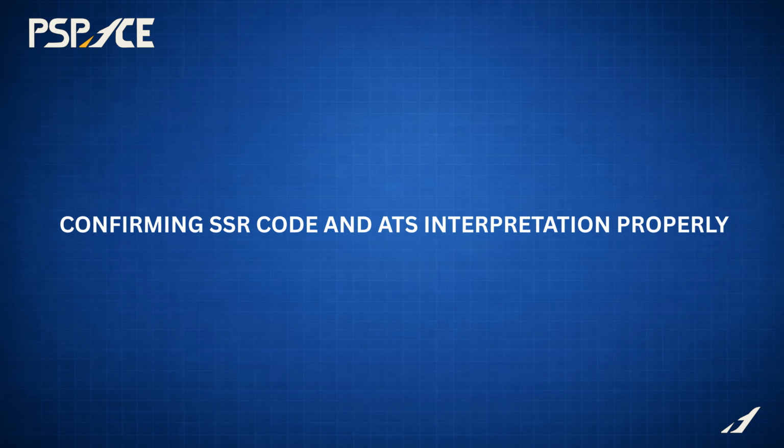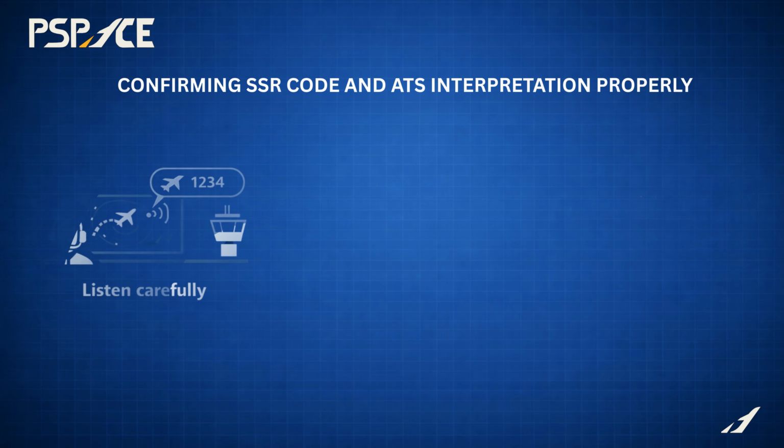When an ATS unit asks the crew to confirm the SSR code and the ATS interpretation of the response, the commander's responsibility includes more than simply repeating a number. The response should help ensure that the aircraft and ATS are aligned on how the aircraft is being seen and understood within the surveillance environment.